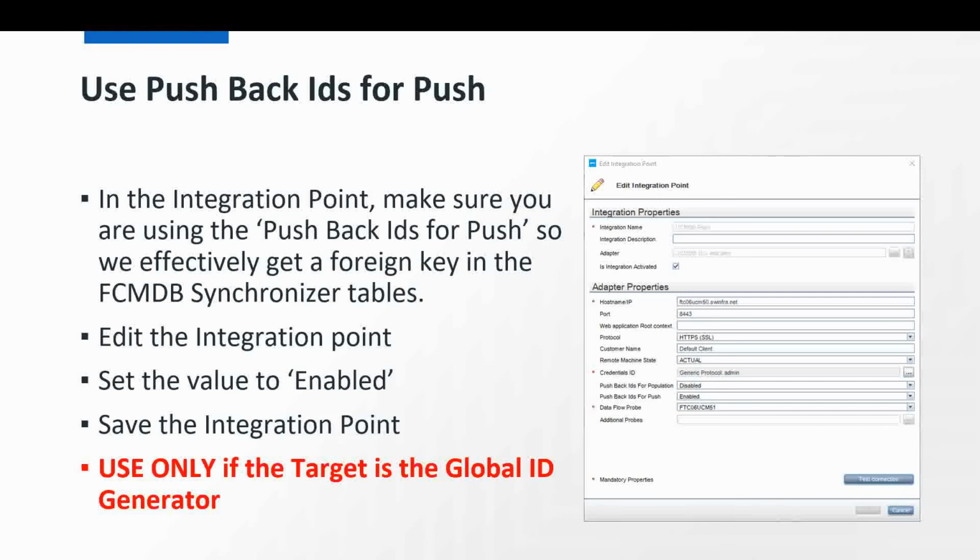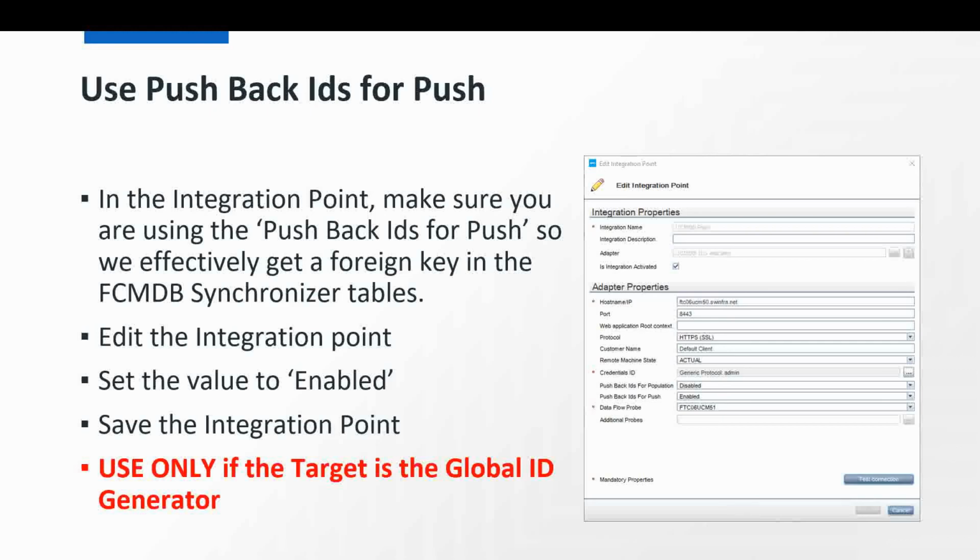Do not set this to enabled if your target is not the global ID generator. In a standard setup, UCMDB itself should be the global ID generator because it is controlling the IDs that come from things like NNM or third-party integrations or discovery, and then pushing that data to another system, say OpsBridge or Service Manager or SMAX.